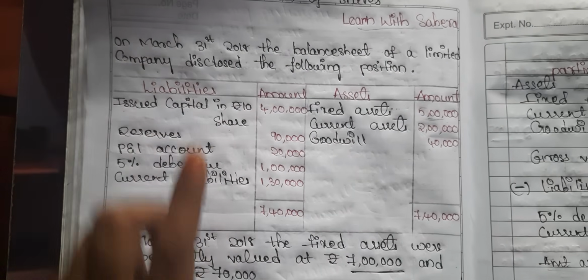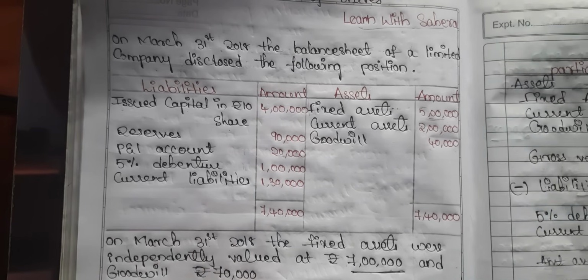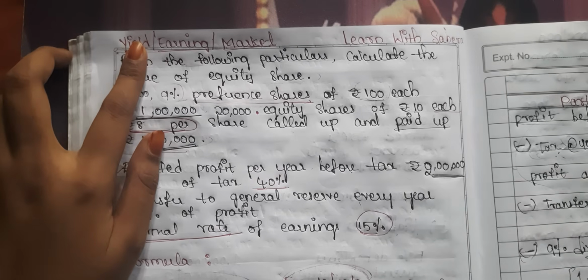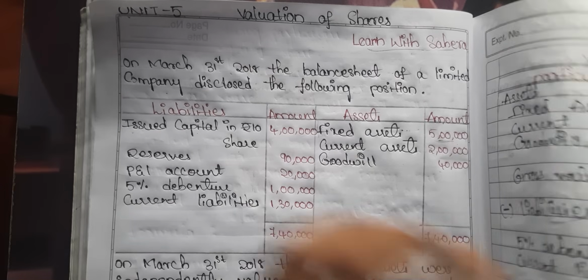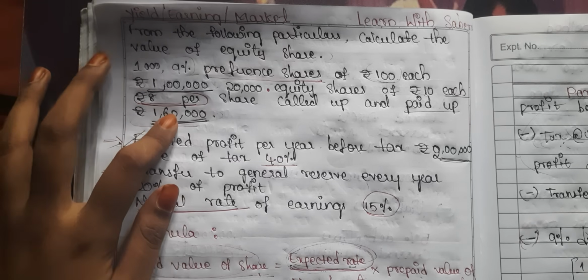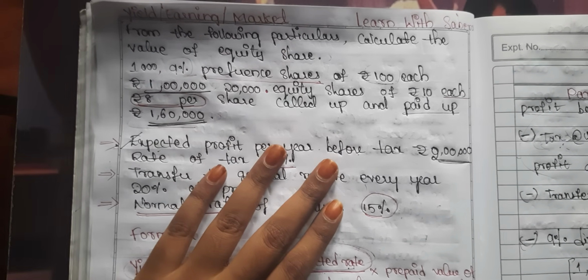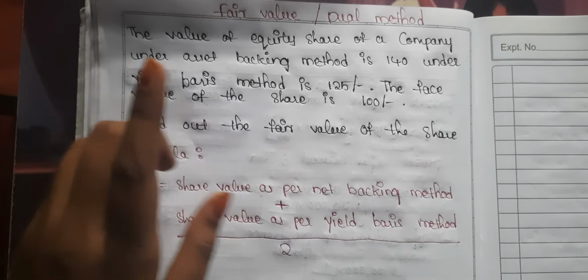Okay, now let us have a look at the fair value. If you are perfect with net asset value and you are perfect with this yield value, you will be doing fair value. They will be giving you the question per net asset or yield value, and they will also ask you to find out the fair value method.